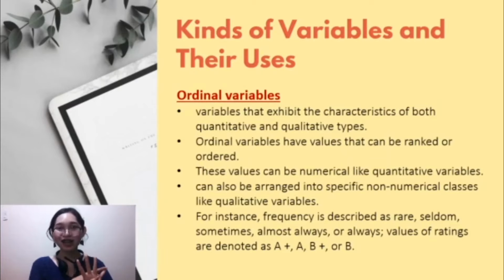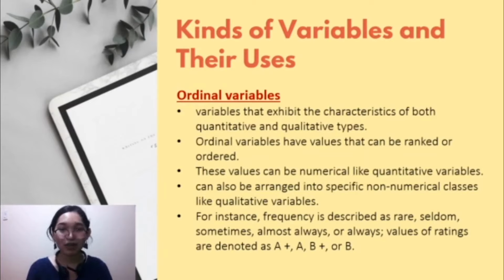For strongly agree, you give a value of 4. For agree, value of 3. For disagree, 2, and then strongly disagree is 1. Right? So, doon natin makikita kung bakit siya naging both quantitative and qualitative.